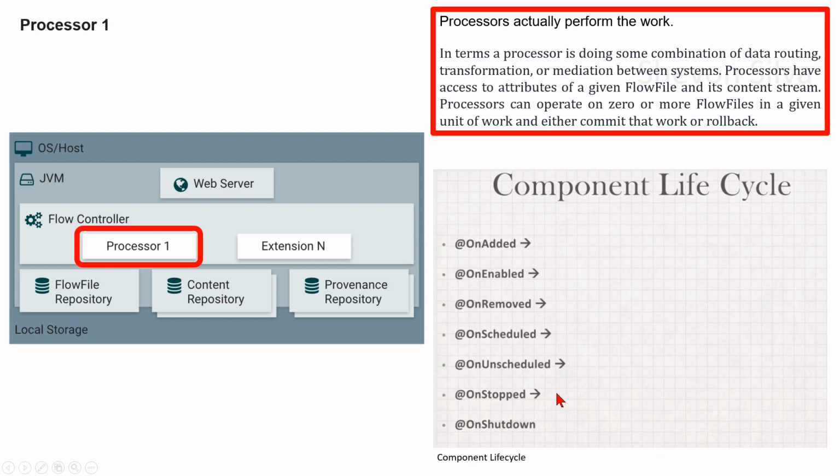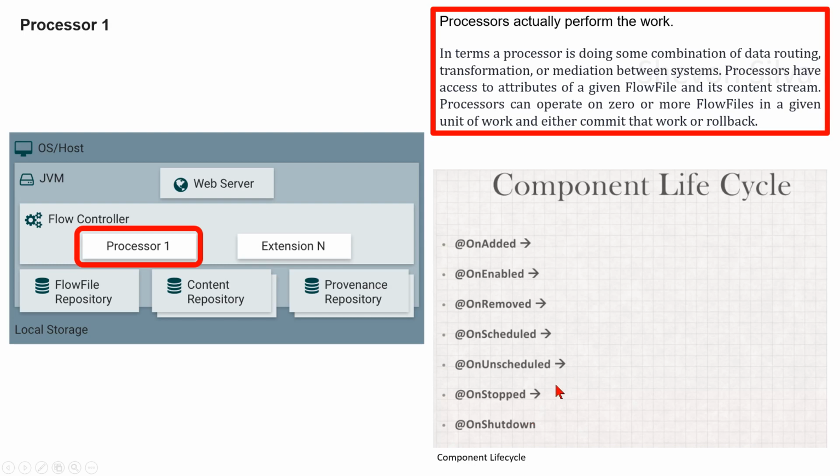Annotation type OnStopped. The marker annotation a processor or reporting task implementation can use to indicate that the method should be called whenever the component is no longer scheduled to run. Methods marked with this annotation will be invoked each time the component is stopped and will be invoked only after the last thread has returned from the onTrigger method.